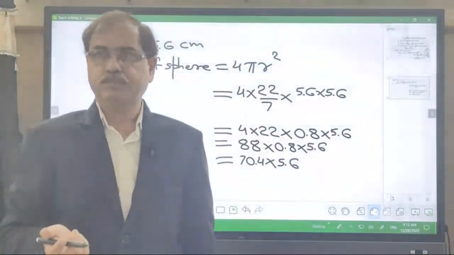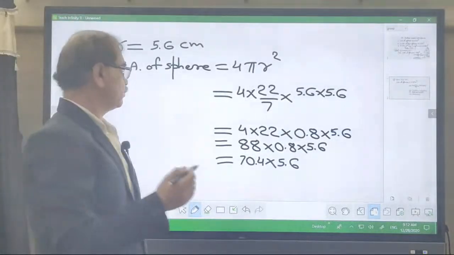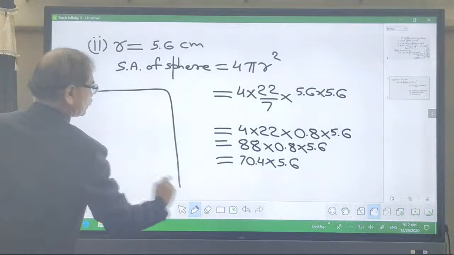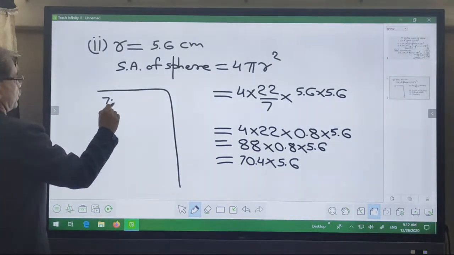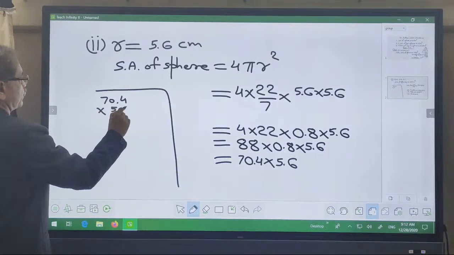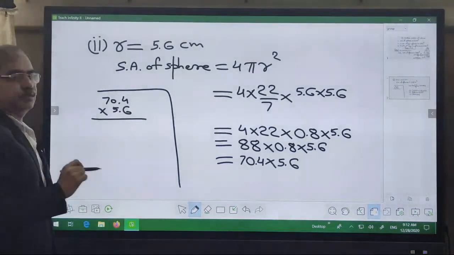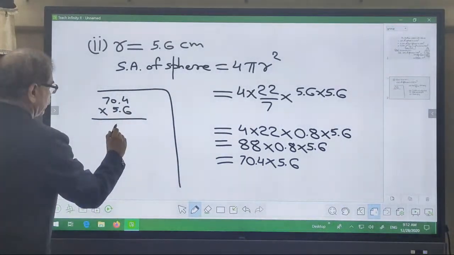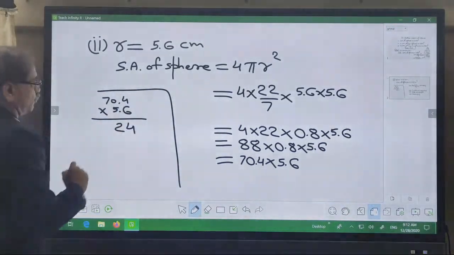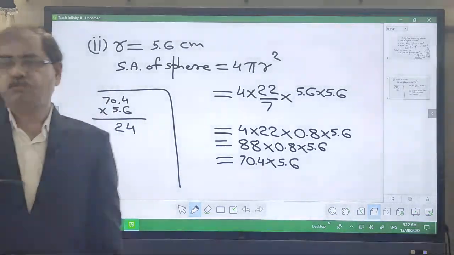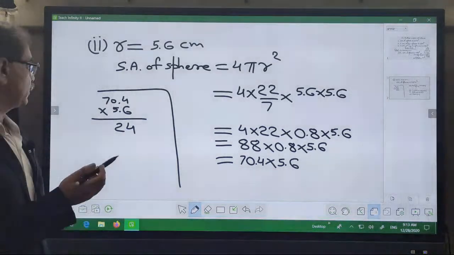You don't know the table of 56, so directly you won't be able to. So that will be your rough work. I will show you the rough work here. 70.4 multiplied by 5.6. Start with the digit 6. 6 fours are 24. Directly you will be able to write, because here in the tens place we have 0. So when you carry over, you will be adding the same digit.